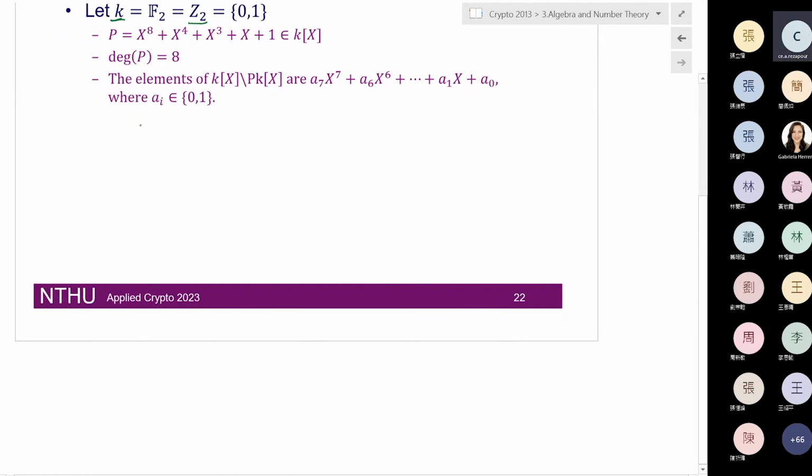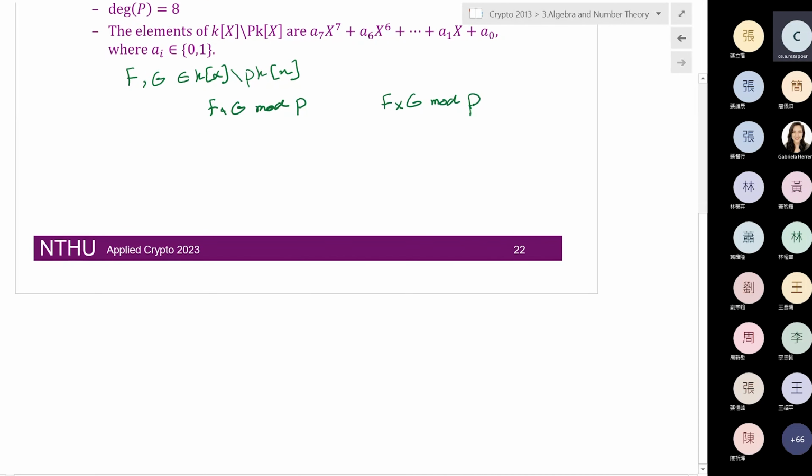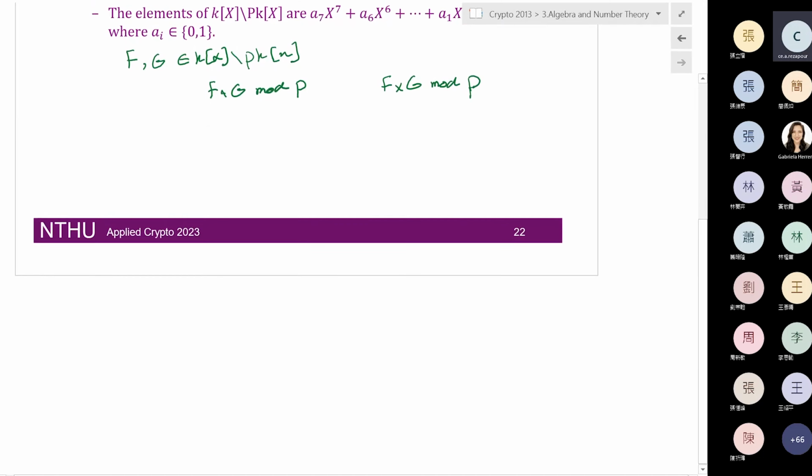So now if I choose two random polynomials from this group, f(x) and g(x), then I can compute f plus g mod p and also f times g mod p, just like what we did with the integers. But now we are dealing with the polynomials.